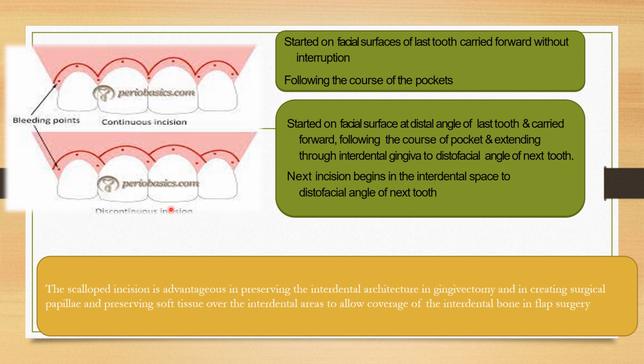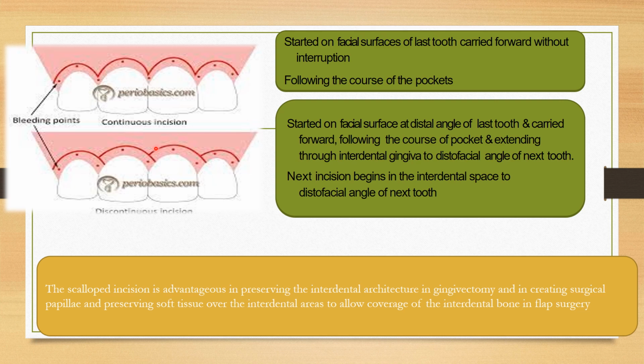In the discontinuous incision, it will be started on the facial surface of the distal angle of the last tooth. This is the distal angle, and it will be carried forward following the course of the pocket and extending through the interdental gingiva to the distofacial angle. You can see that this will be stopped here, and the next incision will start from the distofacial angle to the next tooth.